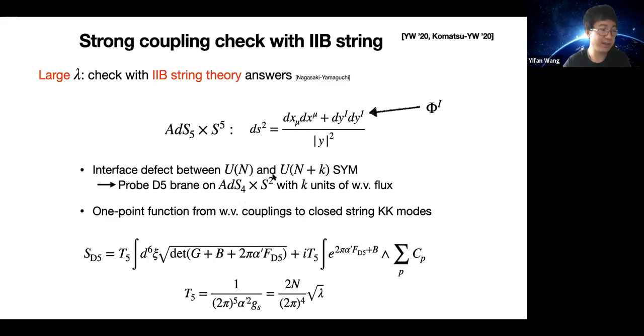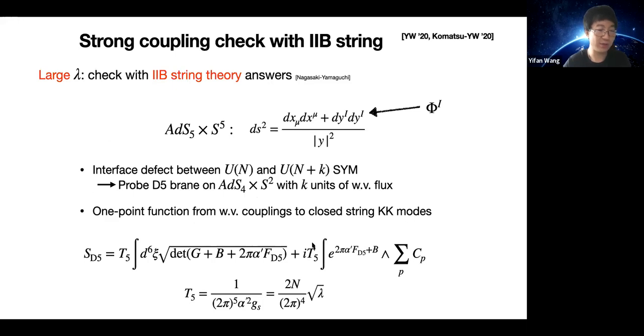This is coming from the fact that k D3 branes dissolve into the D5 brane, into these fluxes. And then to compute the one-point function of a half BPS local operator in the presence of this interface defect corresponds, in type IIB string theory, to extracting some world volume couplings on the D5 brane to closed string KK modes.